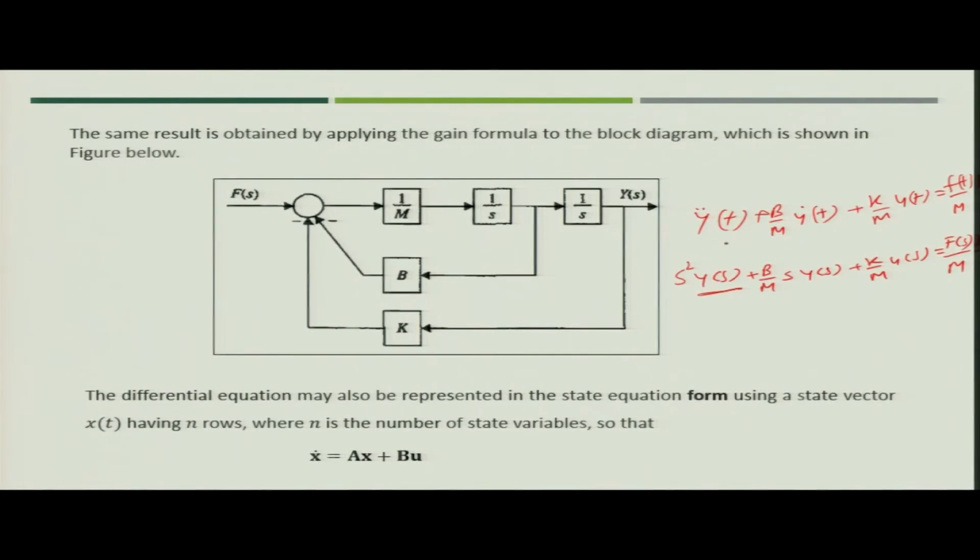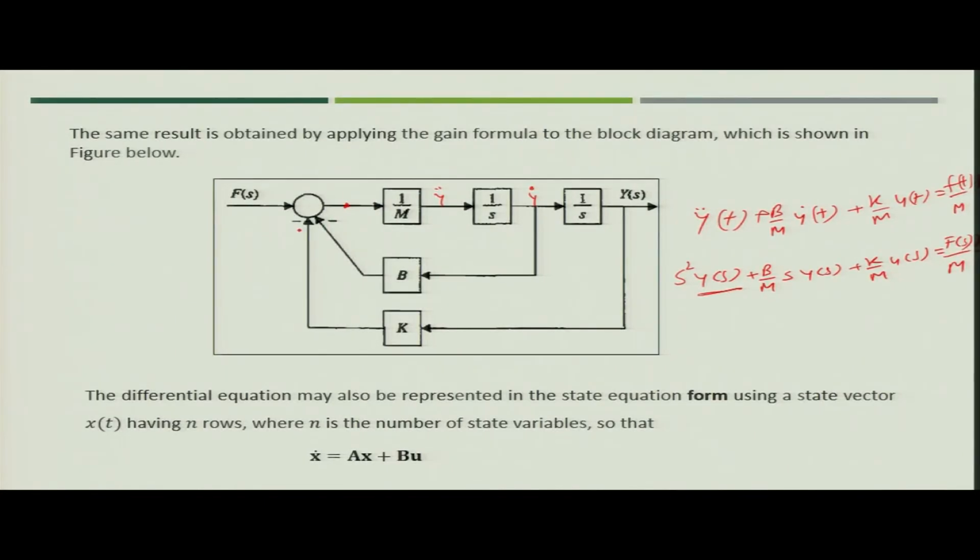If you see the particular equation, if Y(s) is the output, then y dot is 1 by s into Y(s), and y double dot is nothing but 1 by s of y dot. So, what you can do now is see what the output is at this node. At this node it will be y dot by m.